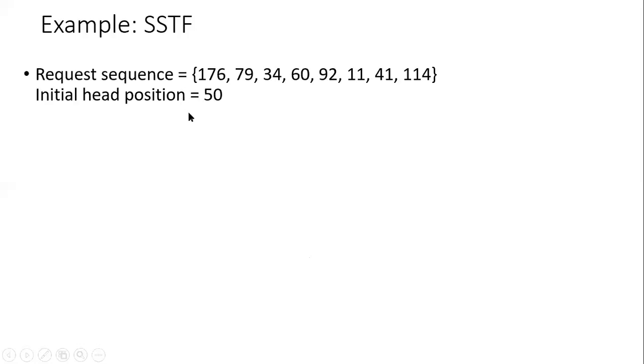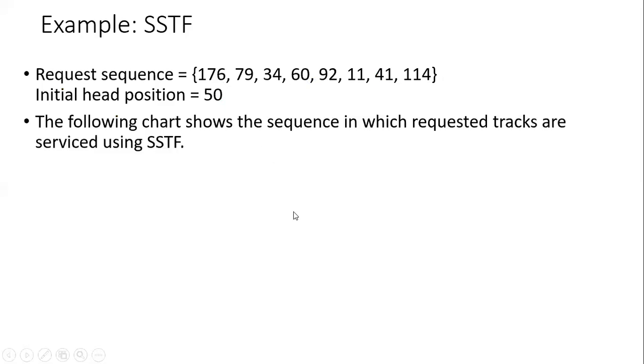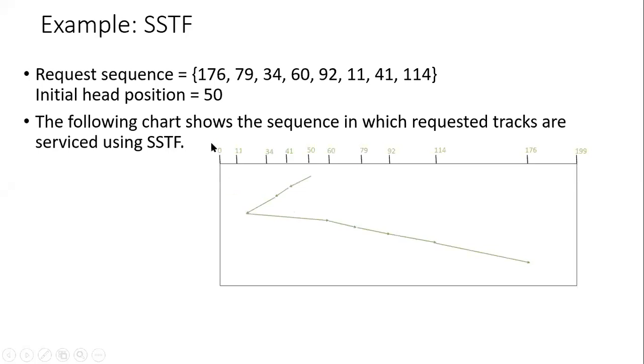So just look at the example. This is the request sequence. In this sequence, all the requests are there, and the initial head position is at 50. Look at how it will be processed. Initially the head is at 50. The first request is at 176, but 176 will not be processed first.